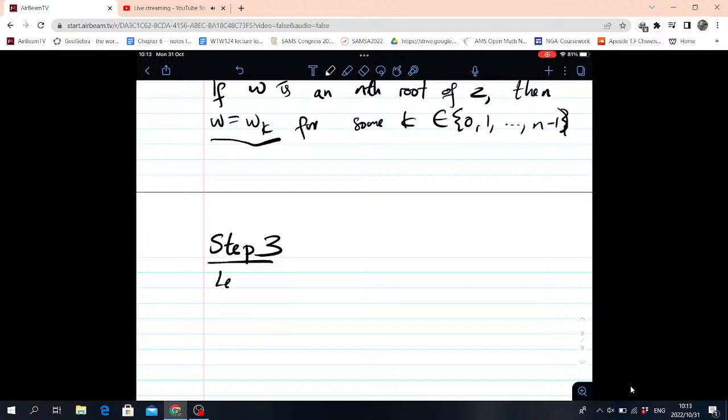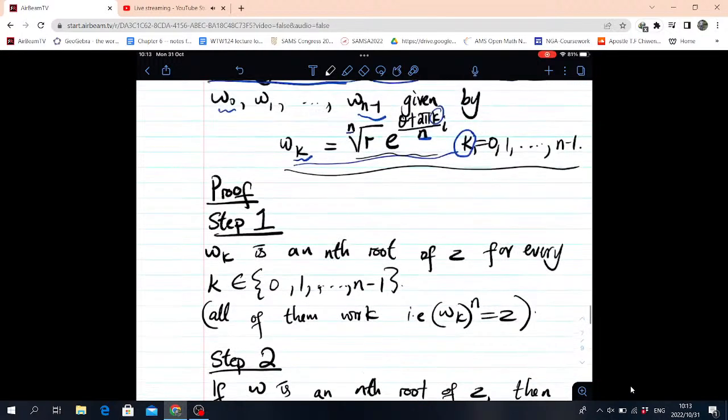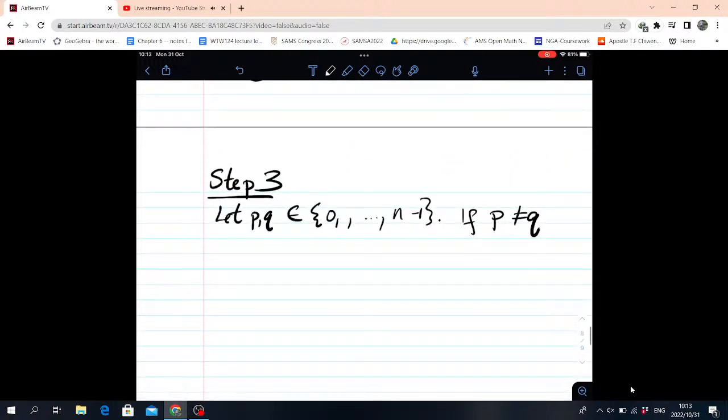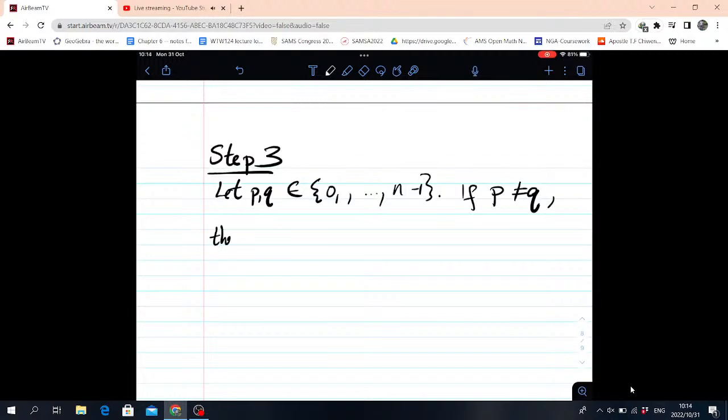So in other words, if I take P and Q, which are elements of this set, if P is not equal to Q, it means I'm taking WP and WQ, where P and Q are not equal, then it should mean that WP should not be equal to WQ. Then I know that indeed all the complex numbers that I have are distinct. That's what step 3 means.